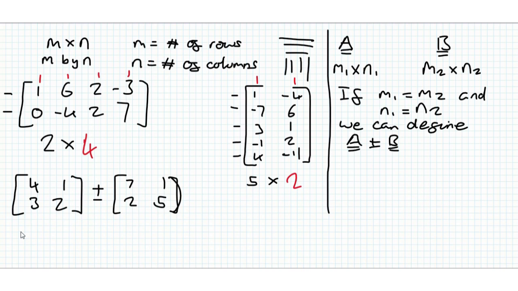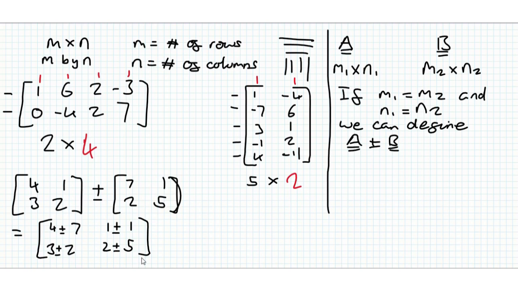Well, that's just equal to one matrix of the same size: 4 plus or minus 7, 1 plus or minus 1, 3 plus or minus 2, 2 plus or minus 5. So you can see we just add in what we call an element-wise way.